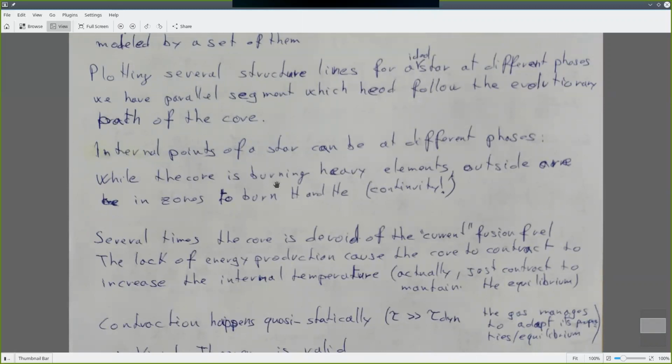I said the internal part can be in different phases. While the core is burning one heavy element, the outside is burning all the other elements, especially helium and hydrogen.